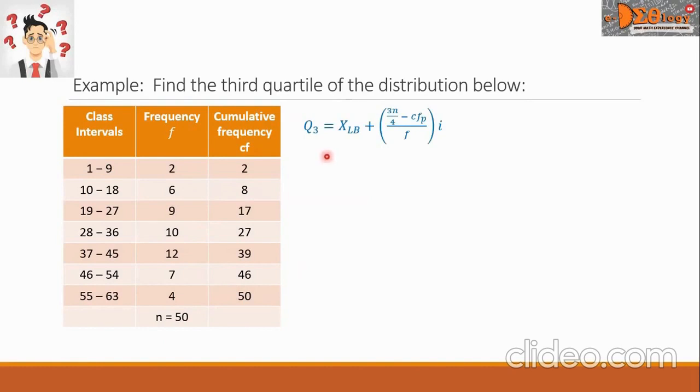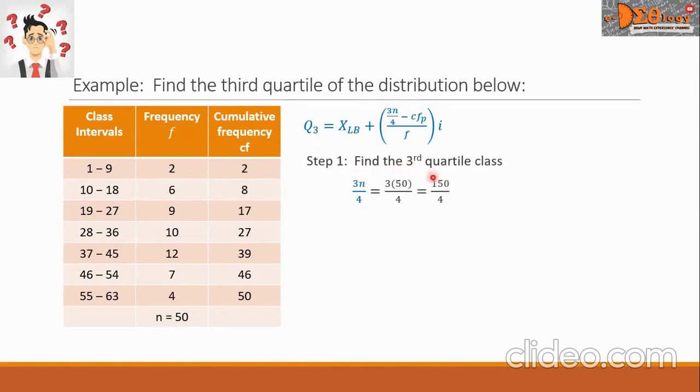Let us now write the formula for the third quartile. Now, let us do step 1. That is to find the third quartile class. Let us get this portion here, the 3n over 4, and let us find this value. We substitute the value of n as 50, so we have 3 times 50 divided by 4.